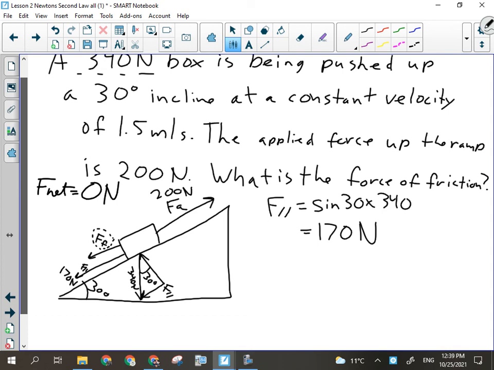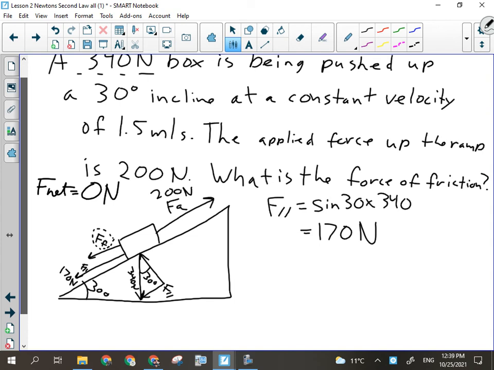So I know I have 200 newtons up the ramp, so I have to have 200 newtons down the ramp. How big is friction? 30 newtons. How did I figure that out? I know I have 200 up, so I have to have 200 down. 170 of it is F parallel. That means the force of friction has got to be another 30 newtons.